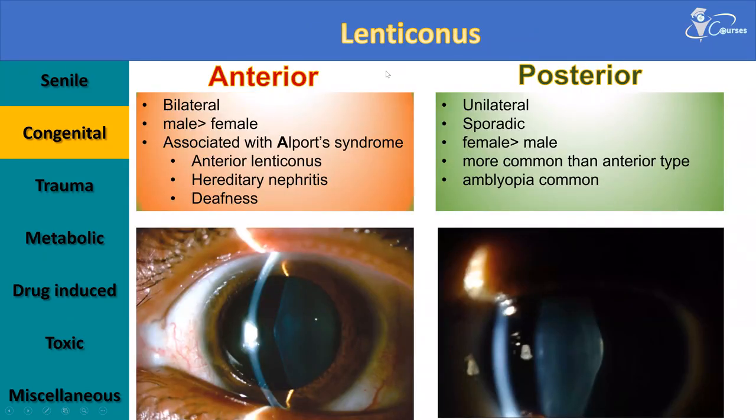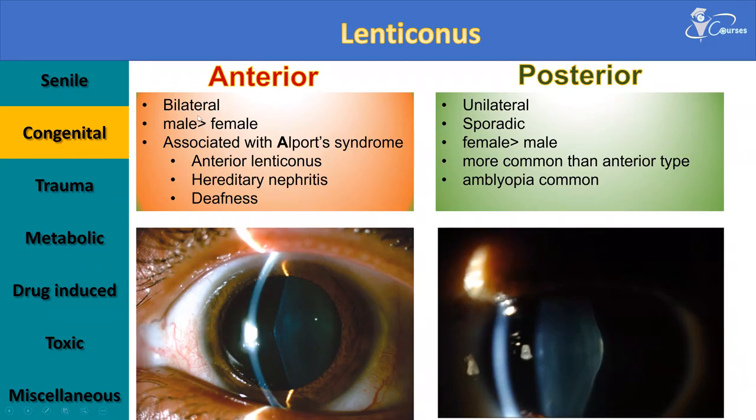Lenticonus, as we mentioned in pediatric ophthalmology. I'm bringing it up here because it's asked in the ICO in both pediatric ophthalmology and the lens. It could be either anterior or posterior. It is a conical-shaped deformity or central bulge in the anterior or posterior lens capsule, characterized by high astigmatism.